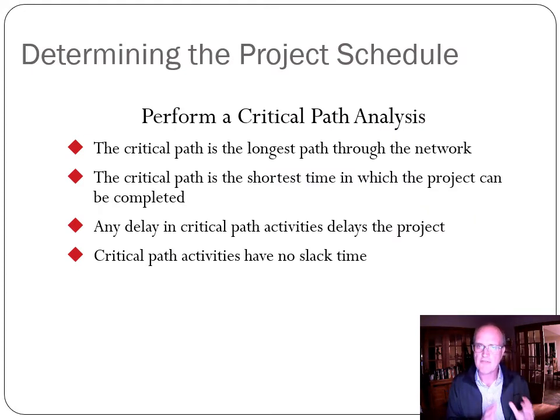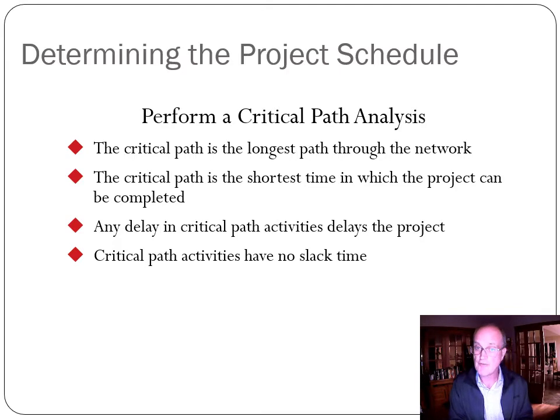When we have that network diagram, the next step in the process is to perform a critical path analysis. And the critical path, as I said before, is the longest path through the network. The critical path is the shortest time in which a project can be completed.